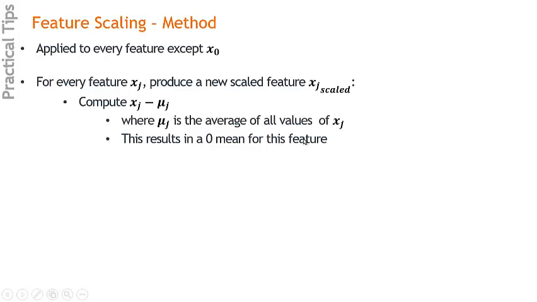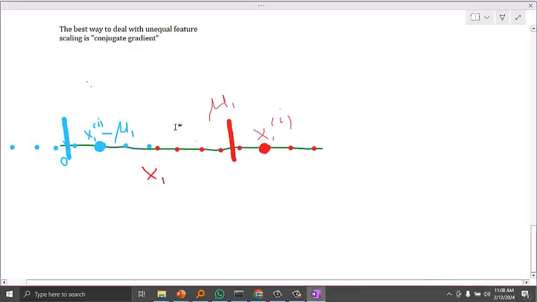So let me just show that. All right, here I have my original data, which is red. So these are my original values for the feature x1, and you can see these points. If I take the mean, it's kind of here. So if I take all of these points and subtract the mean, that simply amounts to taking all this red stuff and shifting it over to center it on 0.